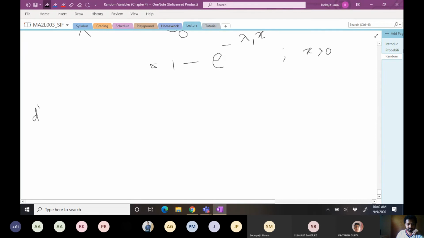Okay, for D, the minimum of x and y. So let us define a new random variable z, which is the minimum of x and y. First of all, let us find the CDF of z.